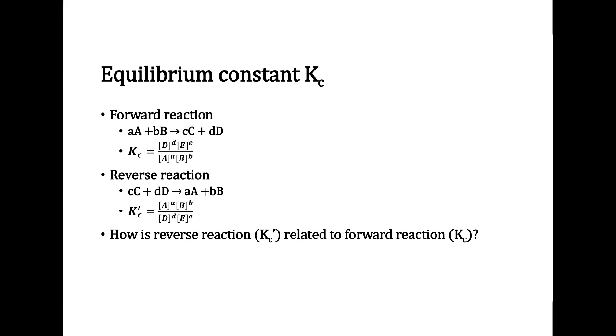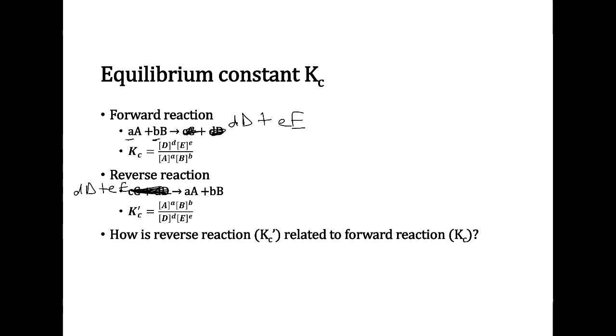So let's go ahead and take a look at a forward reaction here and then a reverse reaction. And this should say, instead of C plus D, I should say D plus E. And the same thing down here. Alright, so if we write Kc for the forward reaction, where we call A and B our reactants, we would have Kc is equal to the concentration of the products raised to their coefficients over the concentration of the reactants raised to their coefficients.